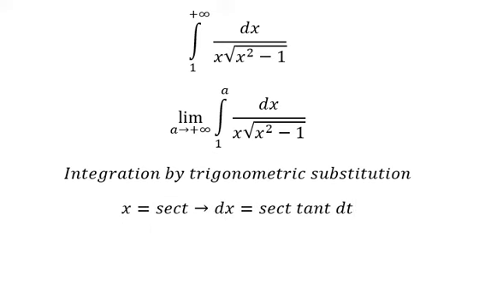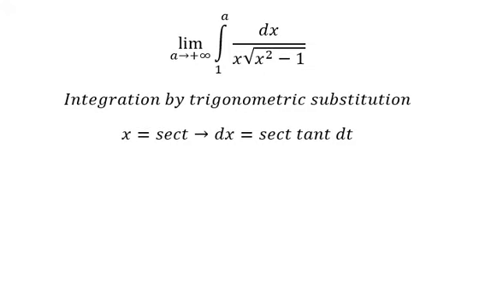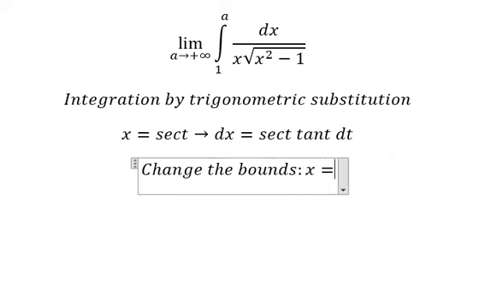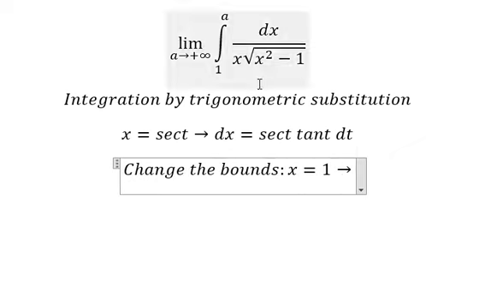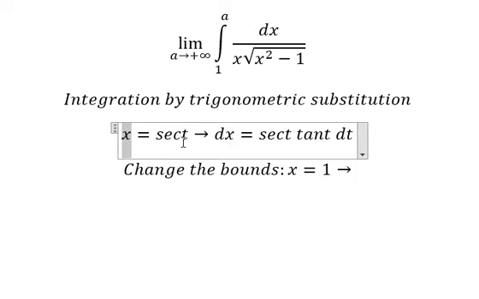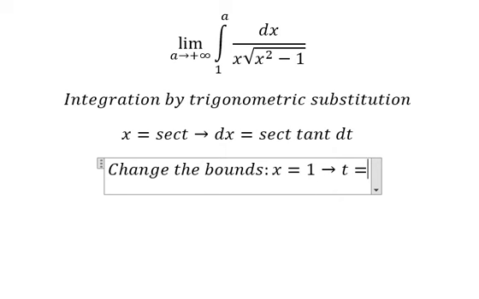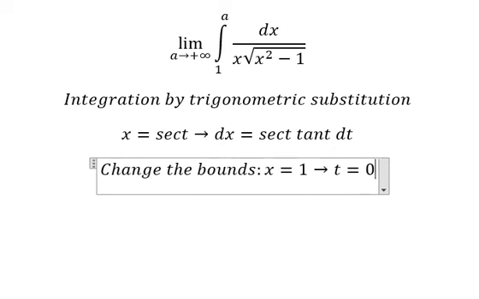Next, we need to change the bounds. When s equals number 1, we put number 1 here to find the value of t. So t equals number 0.